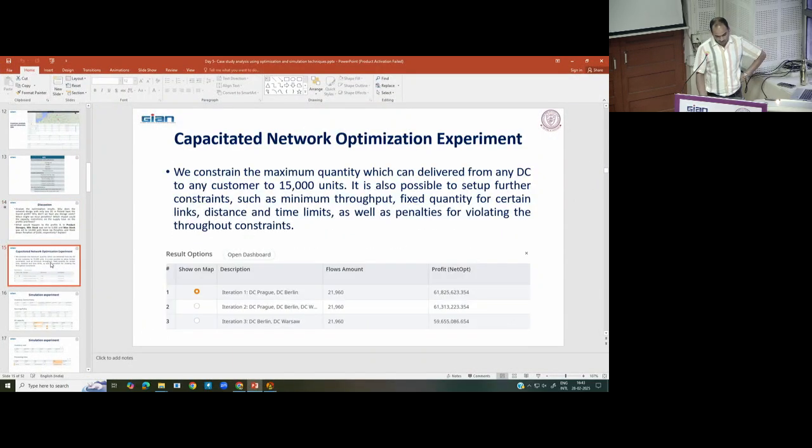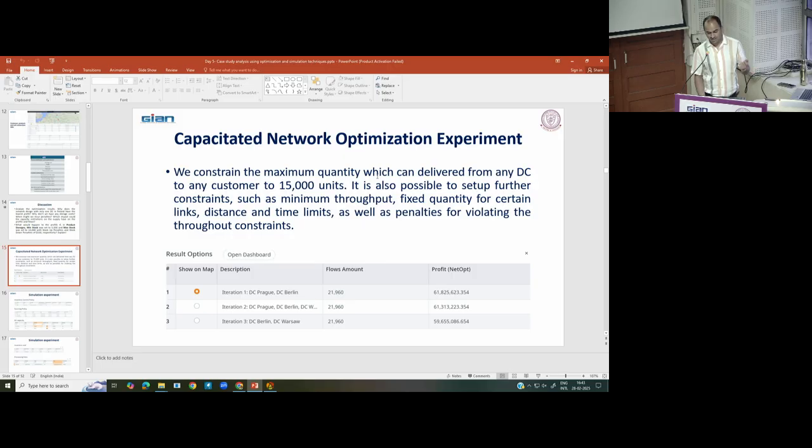Now what I want to do, we will constrain the maximum quantity which can be delivered from any DC to any customer to 15,000 units. It is also possible to set up further constraints such as minimum throughput, as I said, maximum, and so on. So now we are talking about capacitated network optimization. Initially we didn't apply any quantity limit.